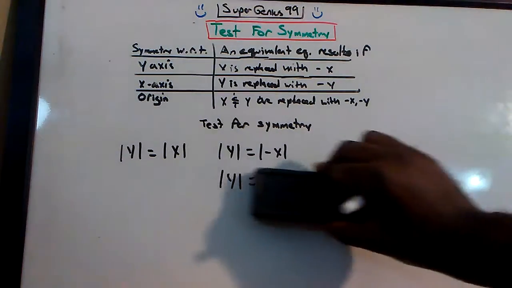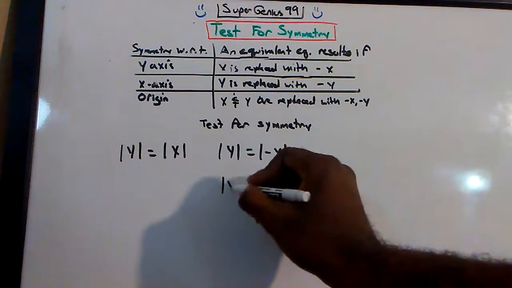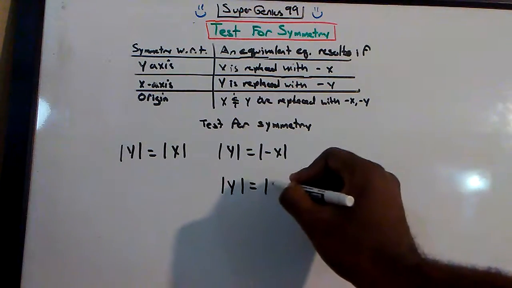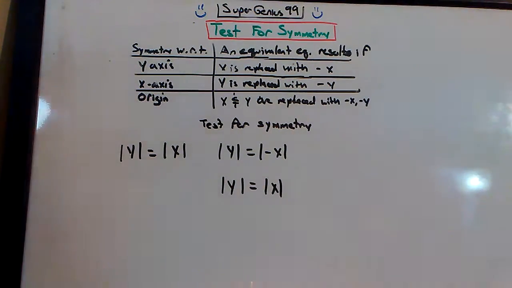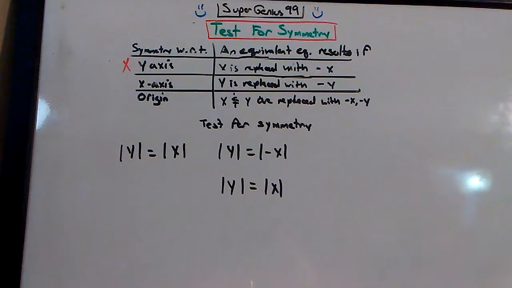Well, when you simplify it, it'll give you the same thing as that. So it is symmetrical to the y-axis because your absolute value always comes out to be a positive number.